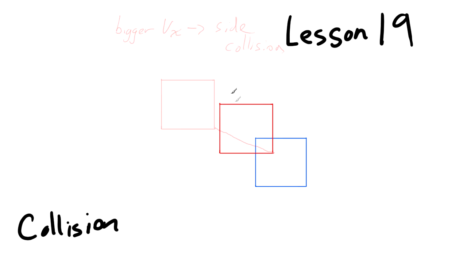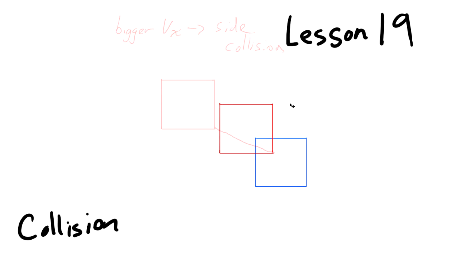The more Vy you have, the bigger chance of your collision being a top collision. And when you have 0 Vy, you can only have side collision because you're not moving up or down, you're just moving to the sides. So, bigger Vx will tend to give us a higher probability of having side collision.